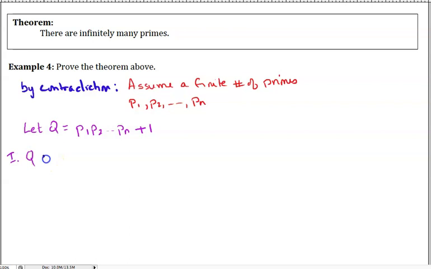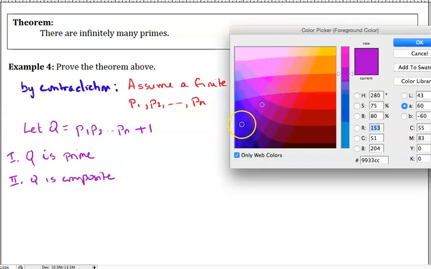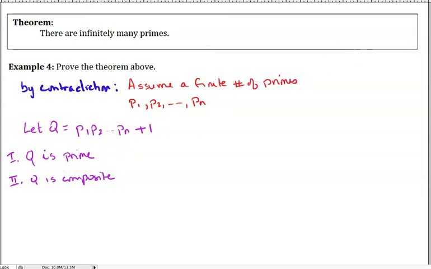Case one is that Q is prime, and case two is that Q is composite. Those are the only two choices for positive integers. Now in case one, if Q is prime, this is a contradiction.